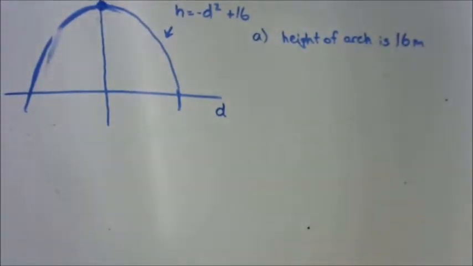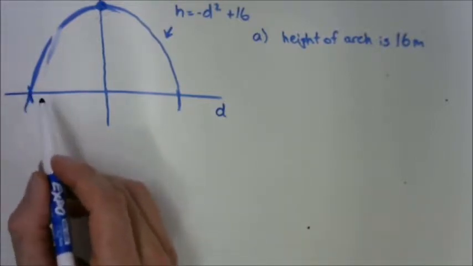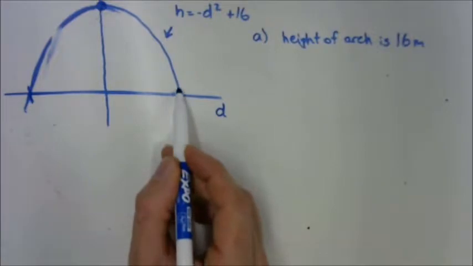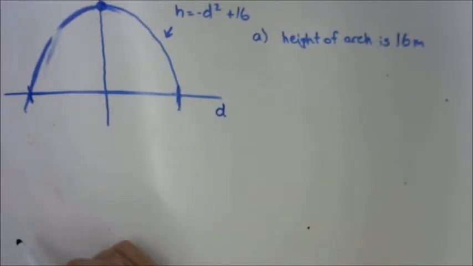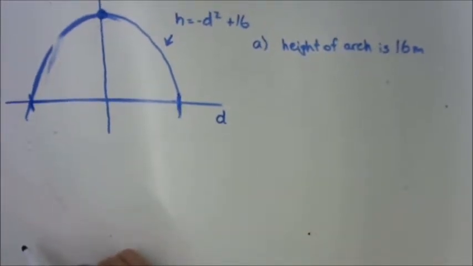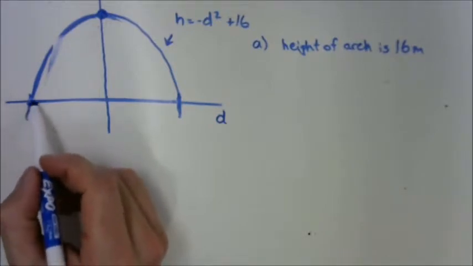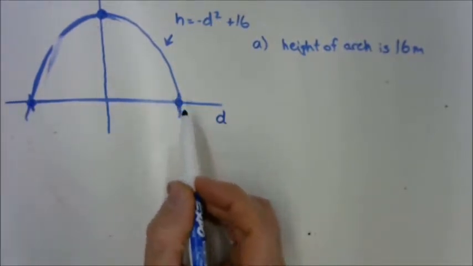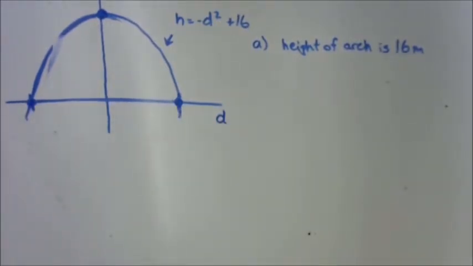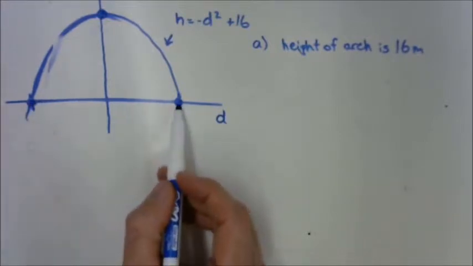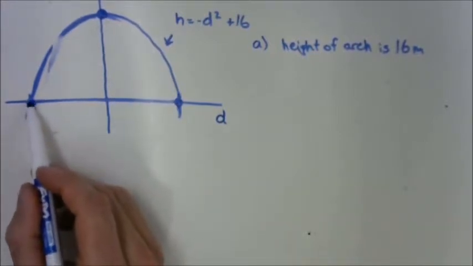How do we find out how wide the arch is? How do we find the distance from here all the way across to here? Midpoint, I'm hearing distance formula.